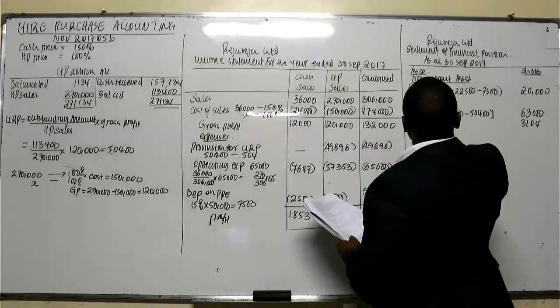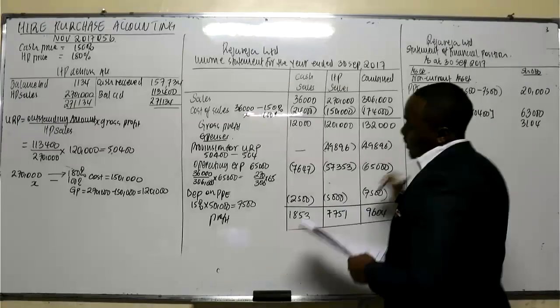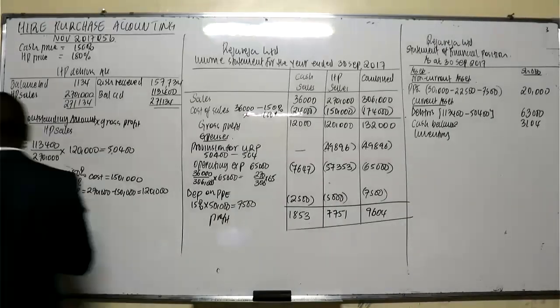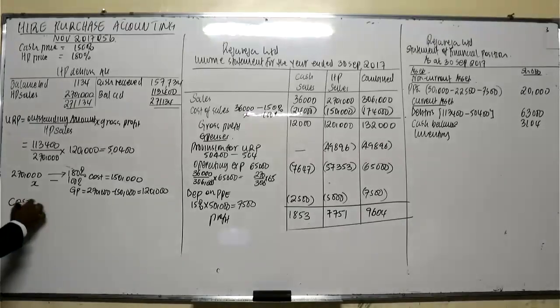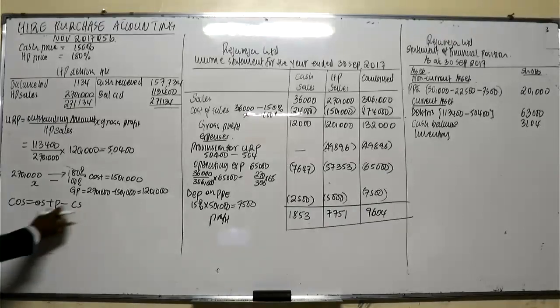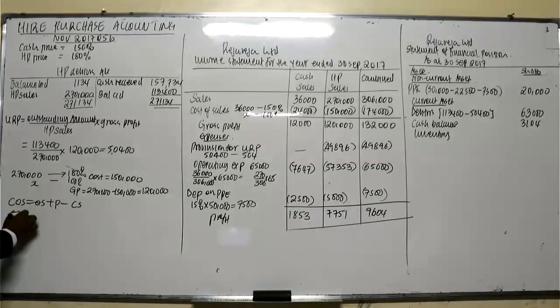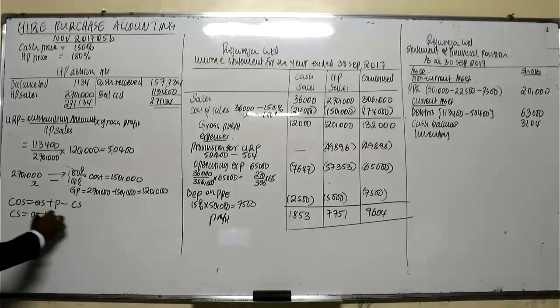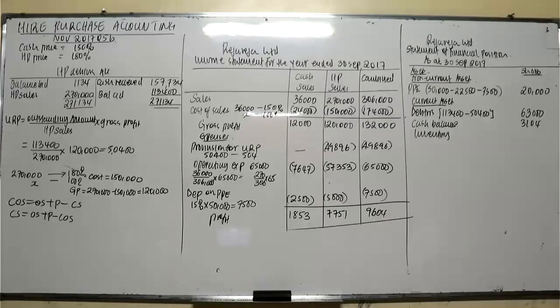Then we have inventory. We work with the normal formula that cost of sale is opening stock plus purchases minus closing stock. Can you get the closing stock? Closing stock is opening stock plus purchases, you deduct the cost of sales. How much is the stock? Inventory as at 1st of October 2016, that's the opening stock, was an amount of 70.